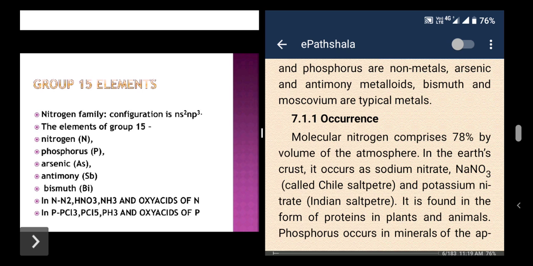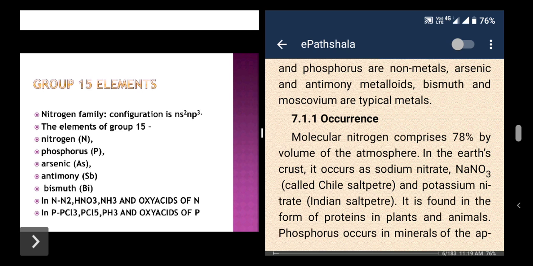In the earth's crust it occurs as sodium nitrate, called Chile saltpeter, and potassium nitrate, called Indian saltpeter. It is found in the formation of proteins in plants and animals, of course.